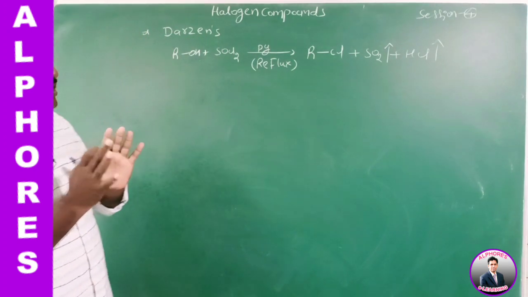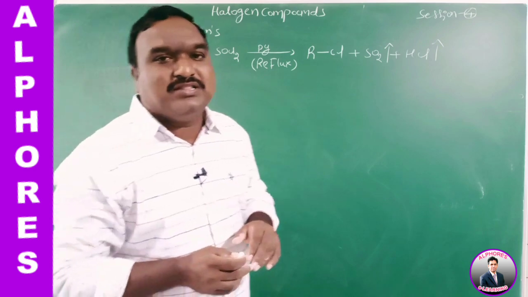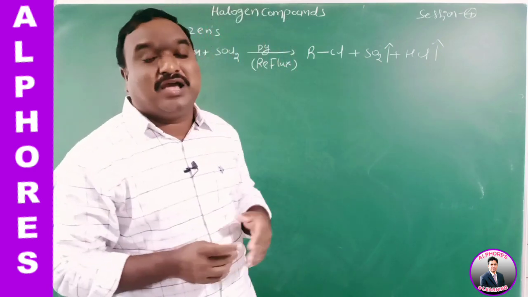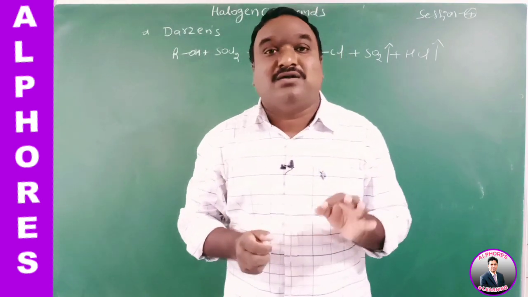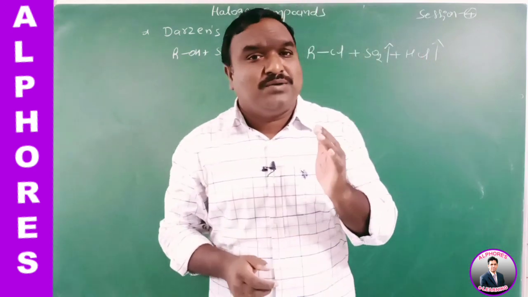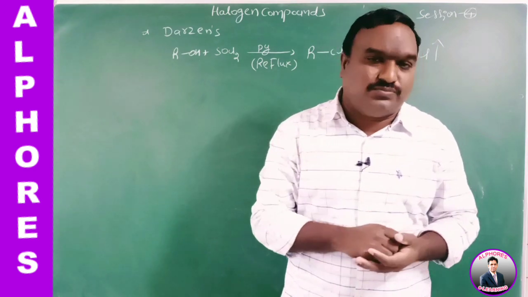That means alcohols react with thionyl chloride SOCl2 in the presence of pyridine medium or ether medium to form alkyl chloride compounds. This is called Darzens reaction. One of the best methods to prepare alkyl chloride compounds.